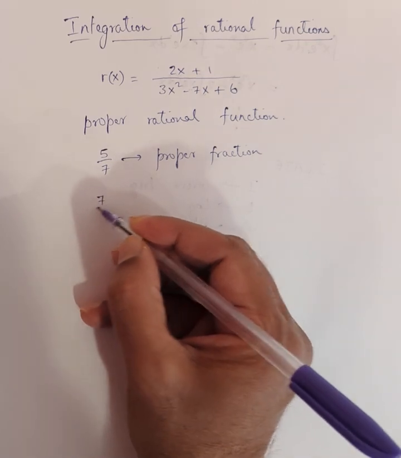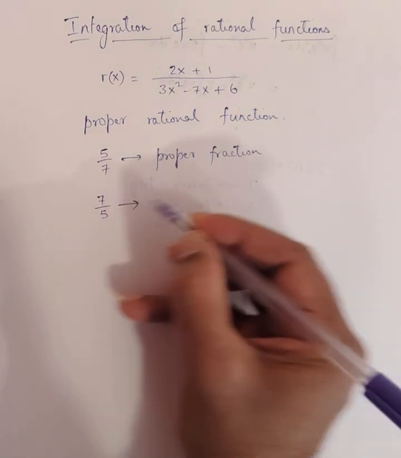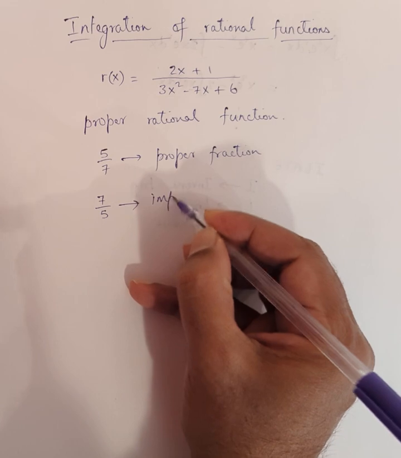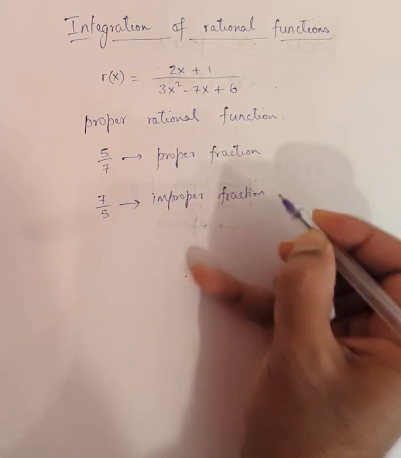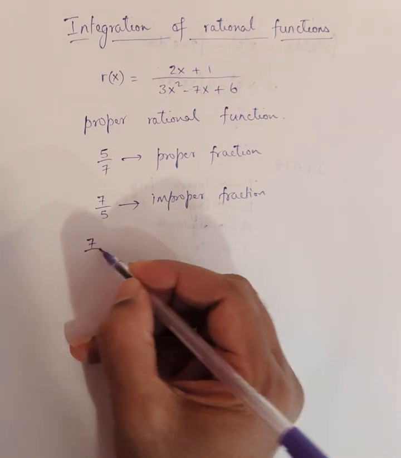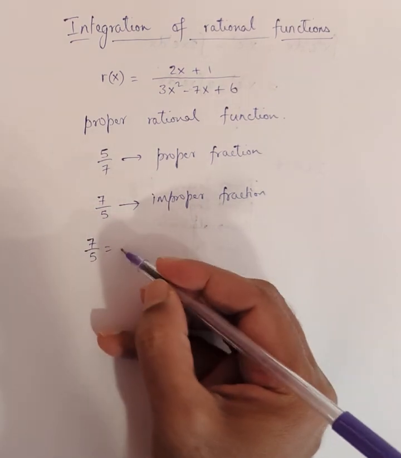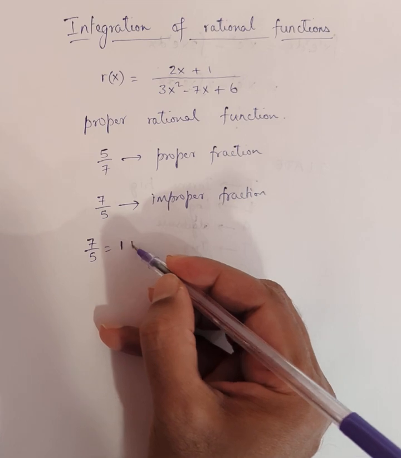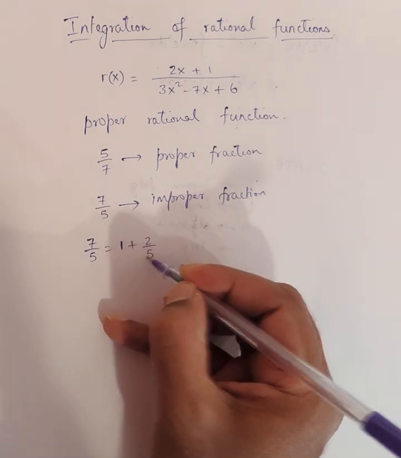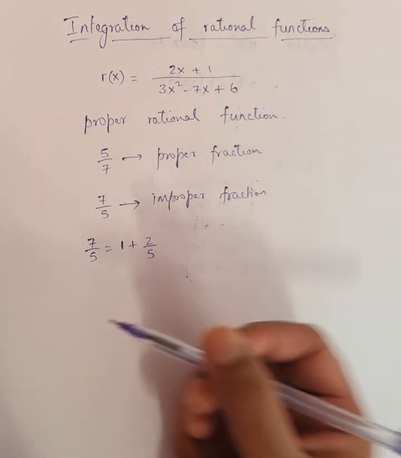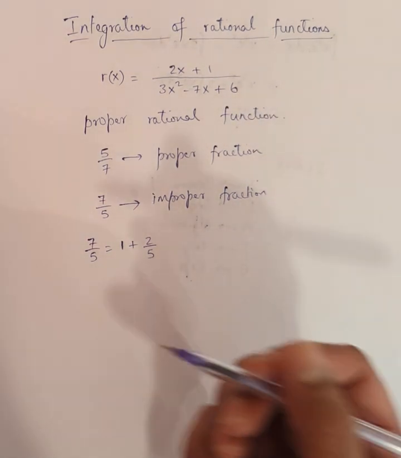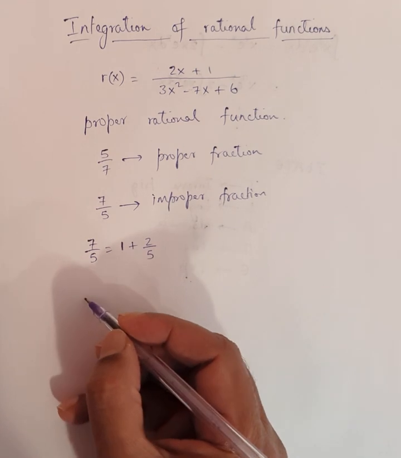Whereas 7 over 5, you call this an improper fraction. If you have an improper fraction, then you can break it down into an integer part and then the proper fraction.